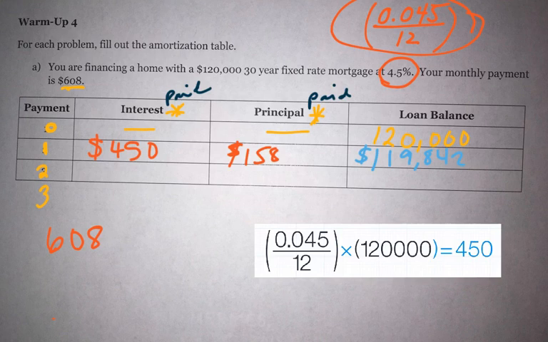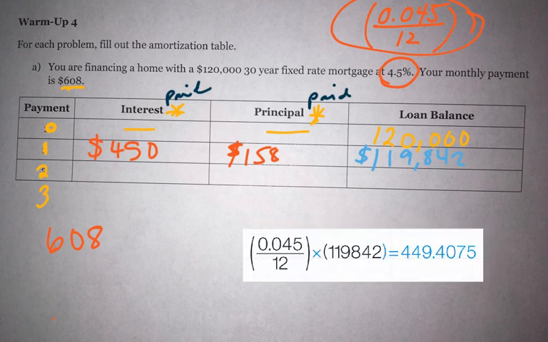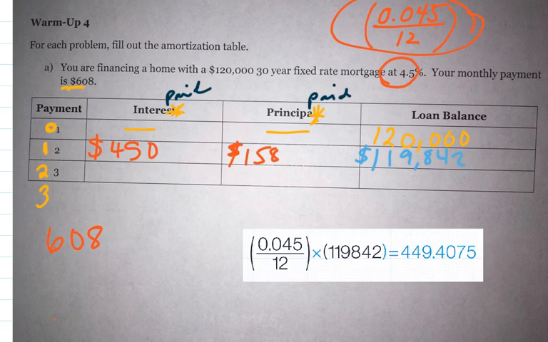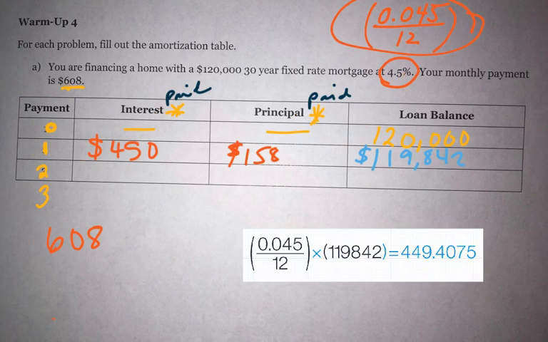So let's do that. So our interest is now $449.41. So we subtract that from $608 to figure out how much is then applied to the principal.